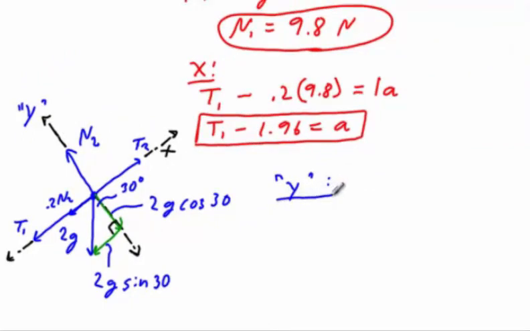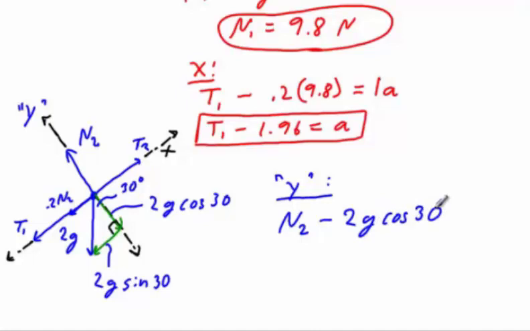Because there's no acceleration perpendicular to the face of the ramp, this will be sum of the forces equals 0, and I have no preference for the plus direction. So I will call it in the quote up direction, meaning that N2 is the positive component. The negative one is this 2g cos of 30.